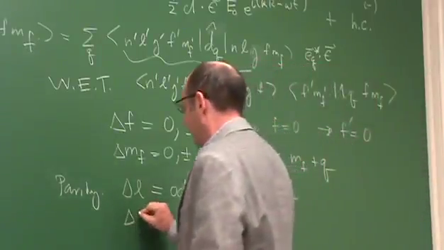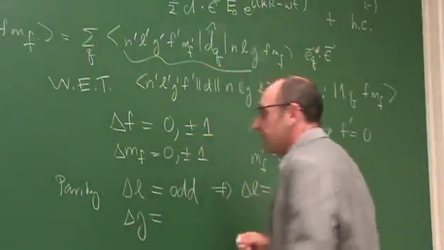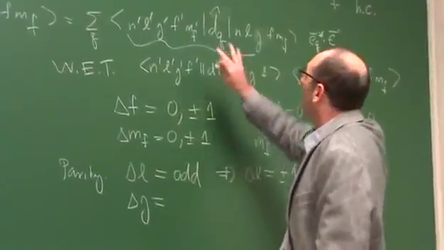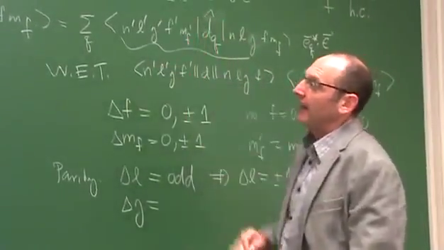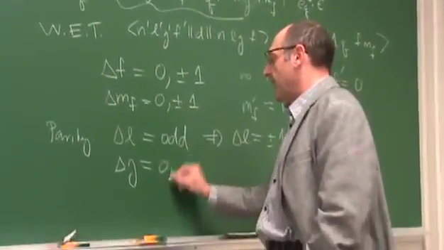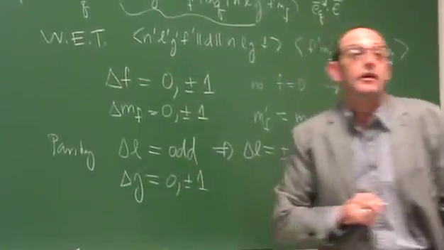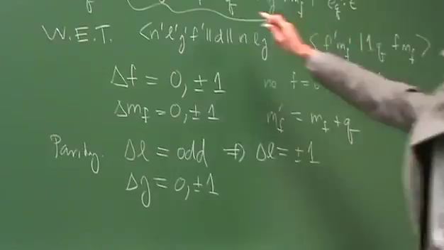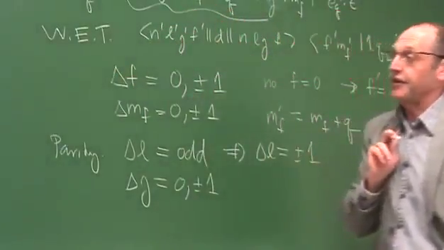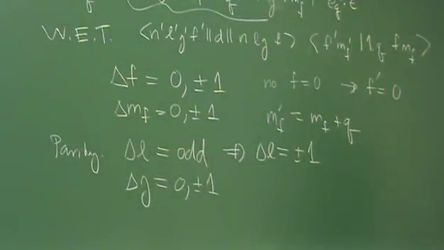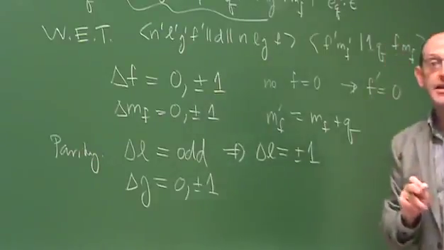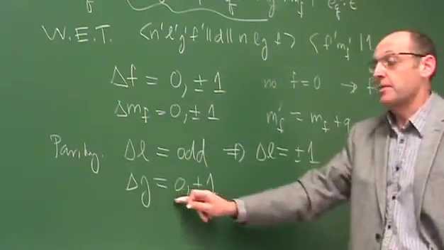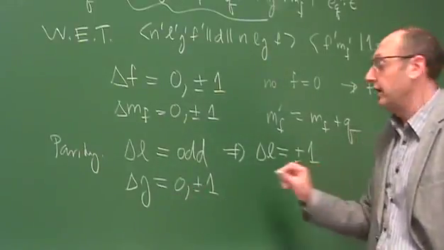Moreover, we see the same thing, but by my same argument about uncoupling nuclear and electron, we would see delta J cannot change by more than 1 because D is a vector with respect to rotations generated by J. And by that same argument, J cannot change by more than 1.